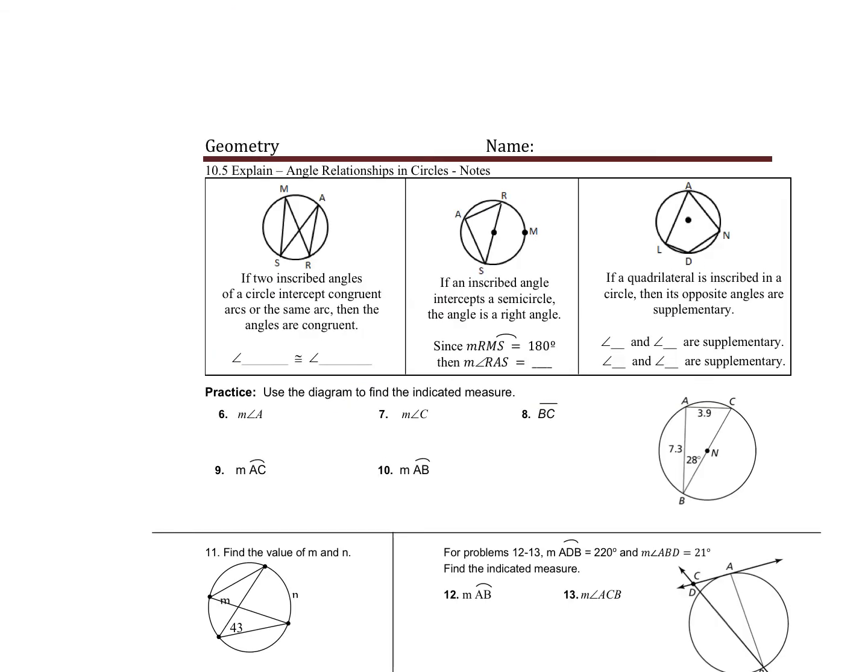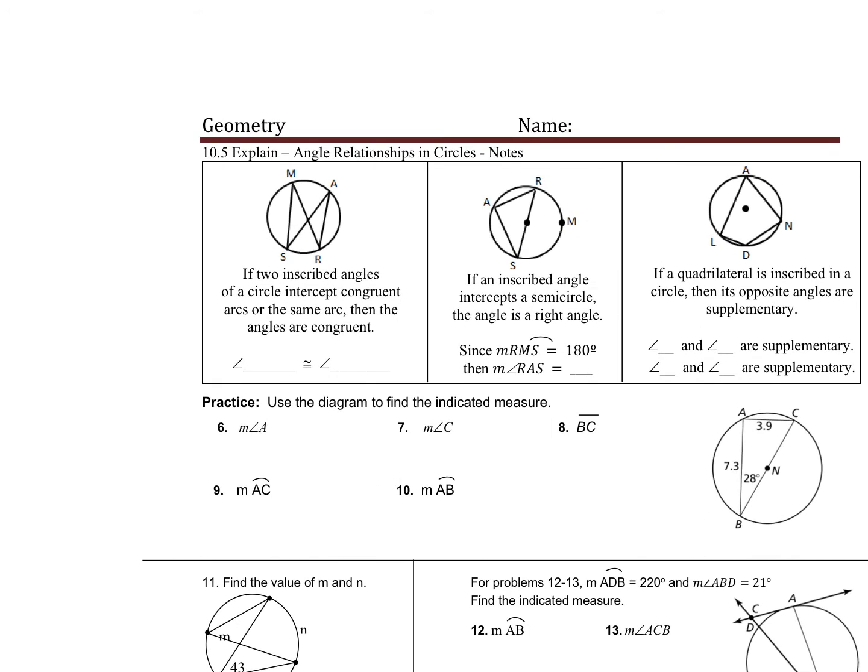All right, so let's look at this next one right here. It says, if two inscribed angles of a circle intercept congruent arcs or the same arc, then the angles are congruent. So right here I have MSA. Has to be congruent, M to S to A. Now remember, they both have the same arc. So that means it's going to be the same as MRA.